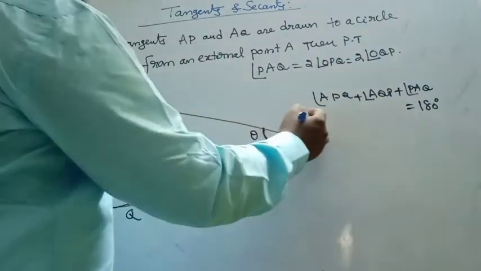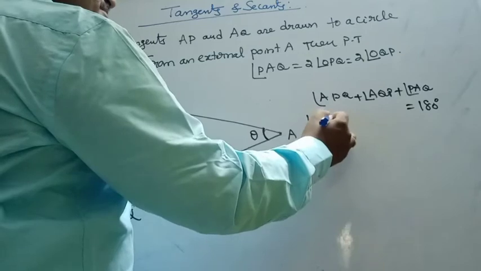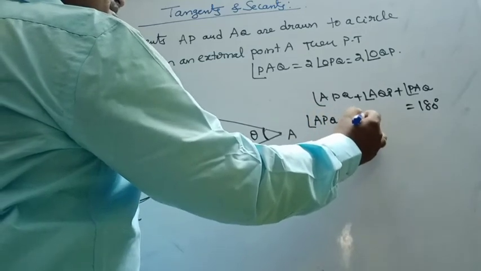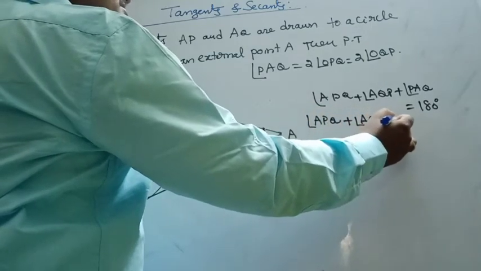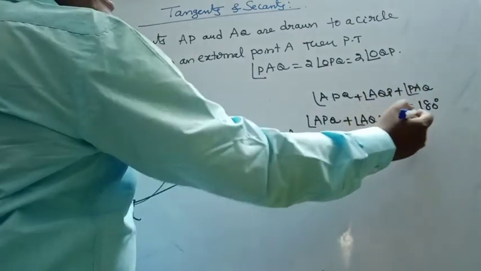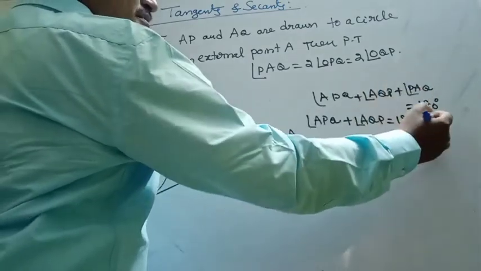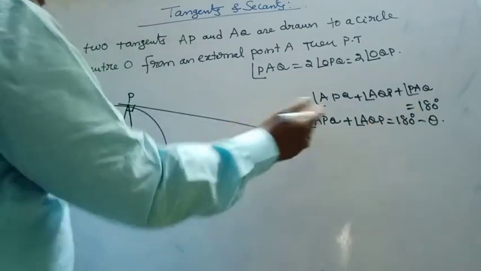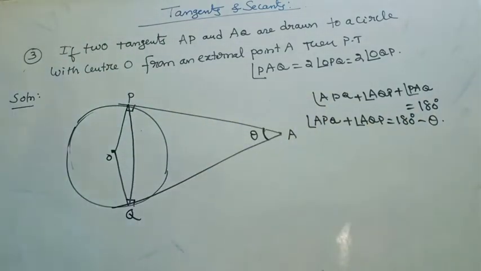Now from this, you see, angle APQ plus angle AQP is equal to 180 degrees minus angle PAQ. PAQ is nothing but theta, as we mentioned here. That is nothing but 180 degrees minus theta, right? Wonderful.